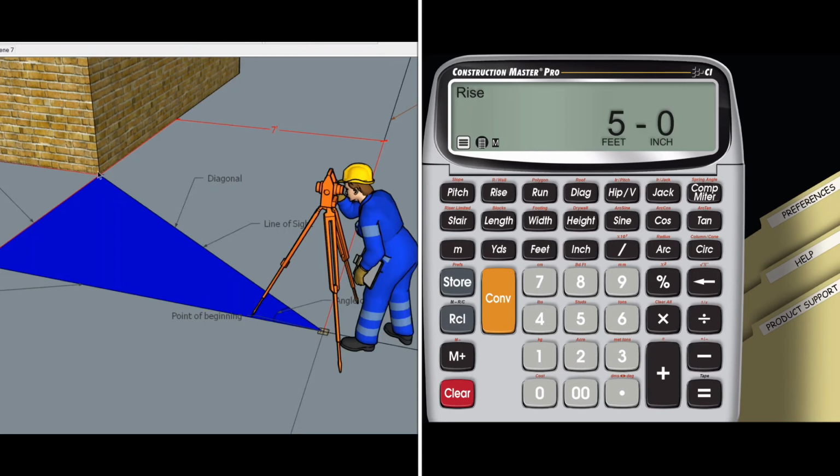Now I can hit diagonal next to the run button, and that will tell me this distance, 8'7¼". Important to record that number because if I'm working with a theodolite, I physically have to pull this distance from my point of beginning to this point of interest on my structure.